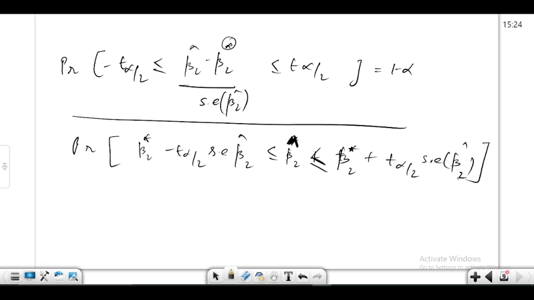So please mind the handwriting. This is beta 2 star, beta 2 hat, sorry. So we are creating a confidence interval for your beta 2 hat values. And we are checking the probability if the beta 2 hat values are lying in a specified range with a given level of probability.